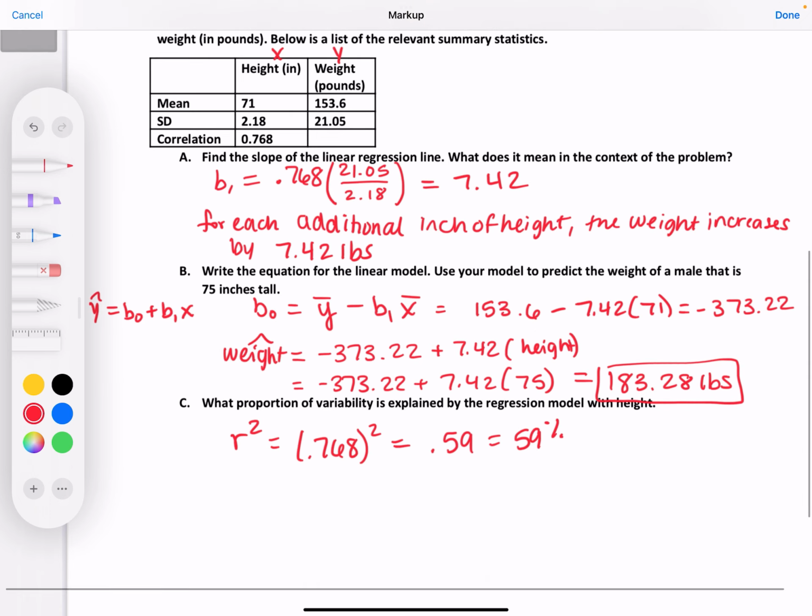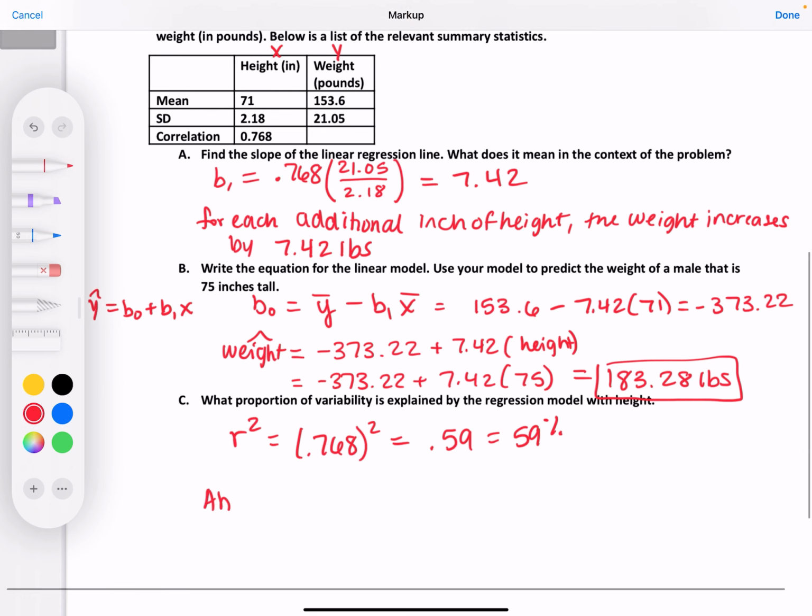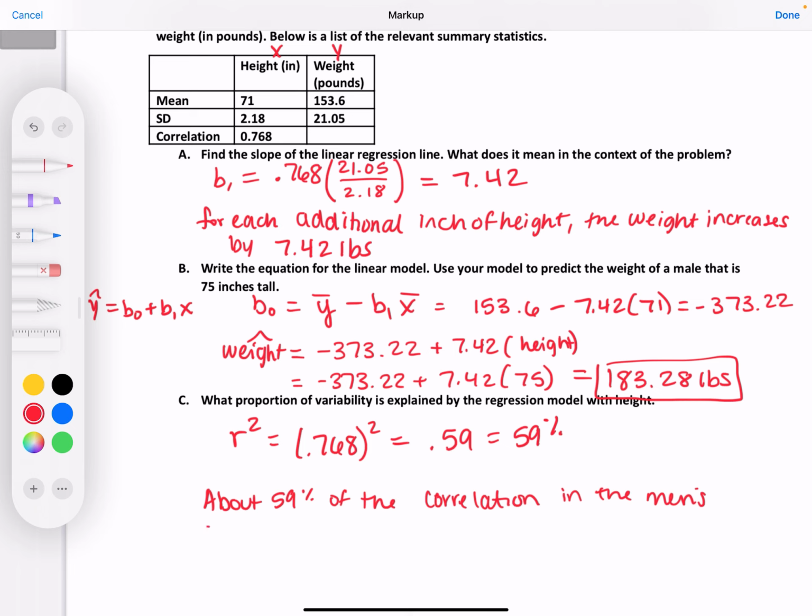So what we can say about that is about 59% of the variability in the men's weights can be explained by the regression with their heights.